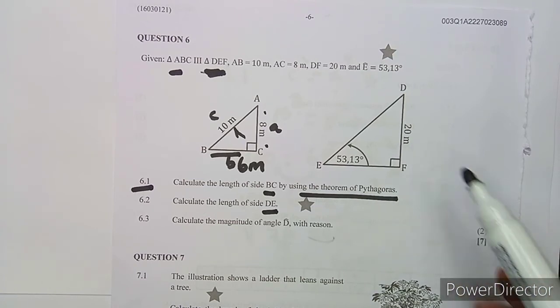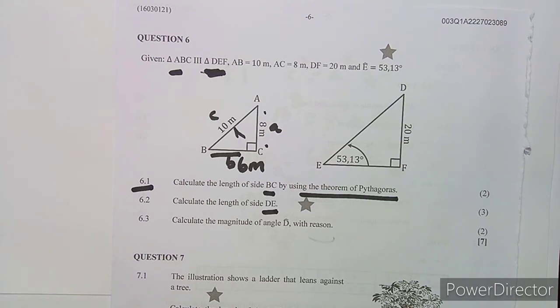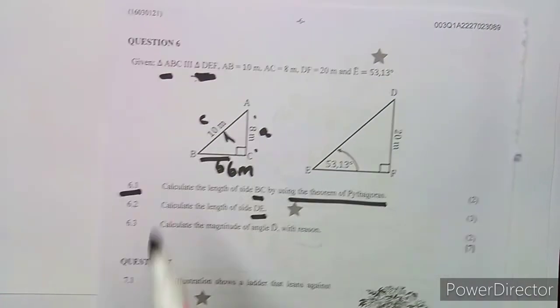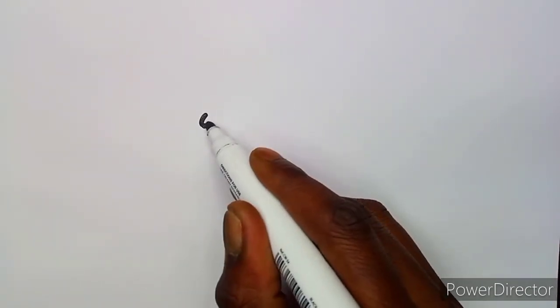So I can apply the ratios, or I can apply similar figures. Since these are similar figures, we can apply the concept of similar figures, because we know that from similar figures, let me just write it down.